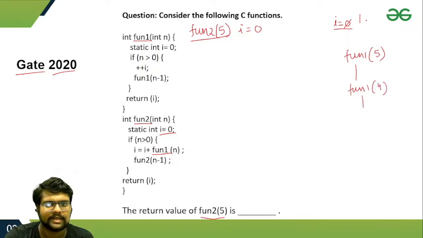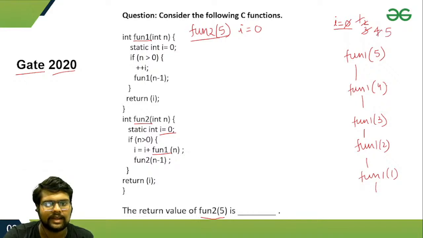After this, again i gets incremented, so it will be 2. Again fun1 of 3 will be called, i gets incremented, and fun1 of 2 will be called, then again i gets incremented, then fun1 of 1 will be called.